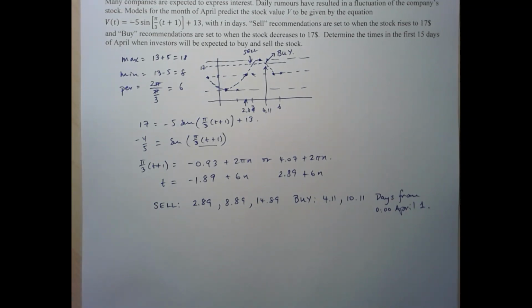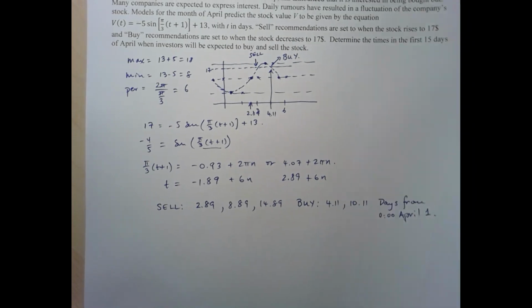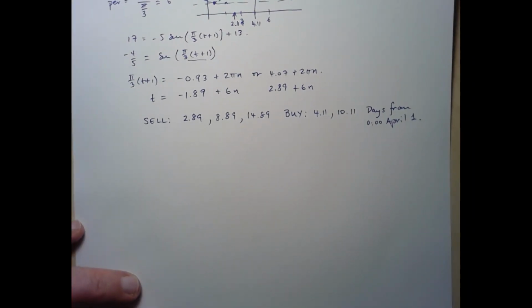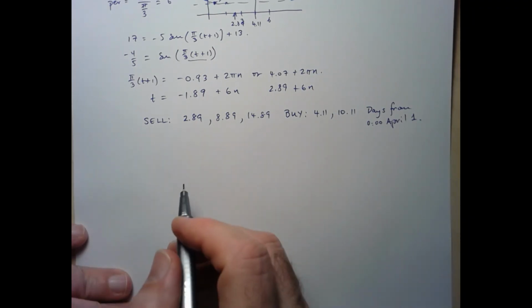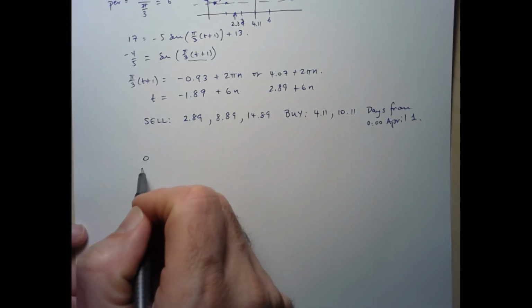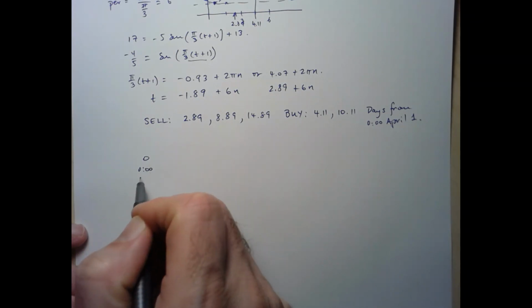Or I can give a more precise answer. I could give a date and time. Okay, so let's do that, even though this would likely be acceptable on a test, but let's see how we would turn this into actual dates and times. All right, so the thing you've got to be careful about here is that 0 represents midnight April 1st.